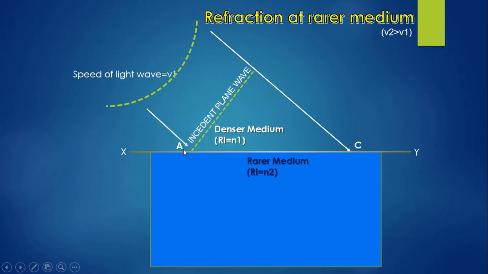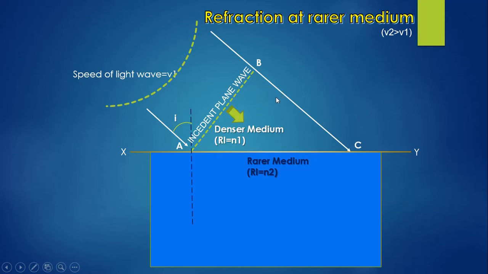I am marking that end as A, and its other end is B. You have to draw one more vertical line. This vertical line is called the normal to this XY interface, and this is the direction of the incident plane wave. The angle between the normal and the direction of the incident plane wave is called the angle of incidence i.